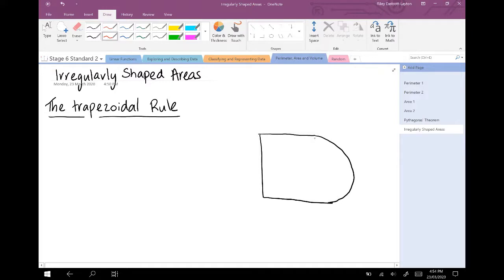But if we separate this like so, what we've actually got here in our highlighted bit is a trapezium. And this is essentially what we're going to be working with. We're going to be making these regular shapes, and we're going to find the area of them by approximating using a trapezium.